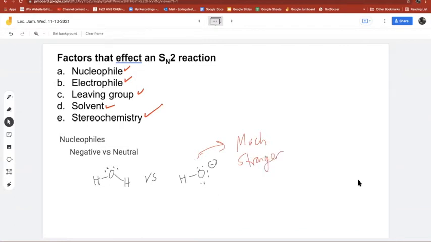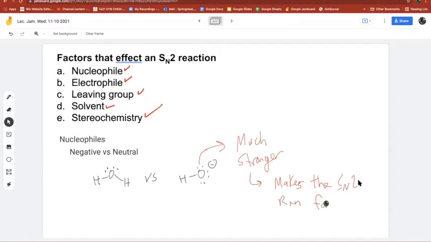Much stronger. And when I say much stronger, I mean it makes the SN2 reaction faster.